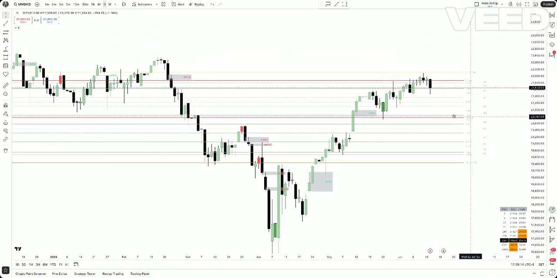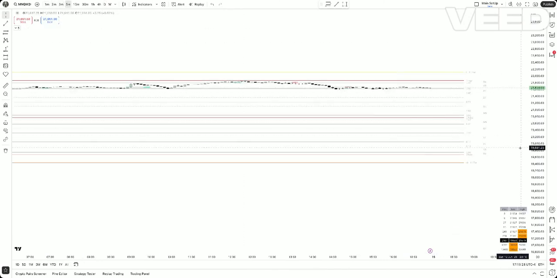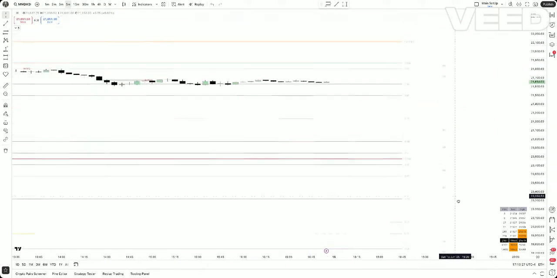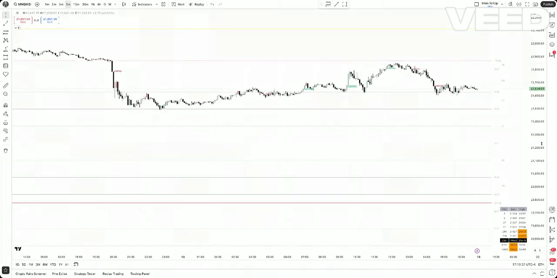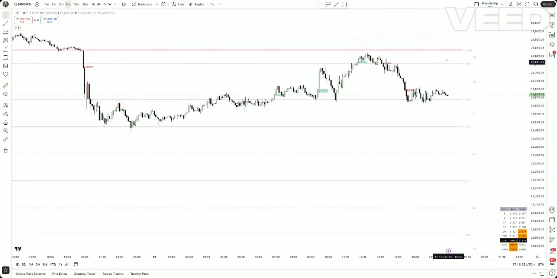As you can see, now we are on the daily, on the PO3. And if we go down to, let's say, the 5 minute, you could simply trade those ranges.